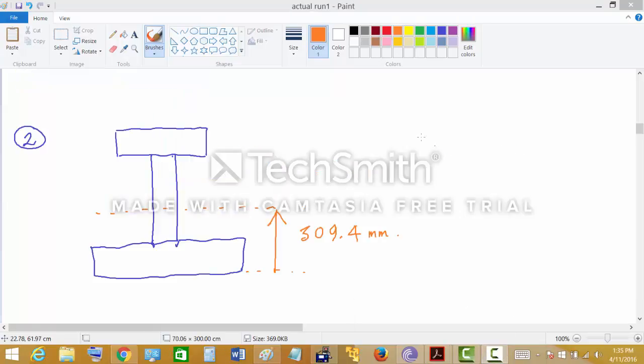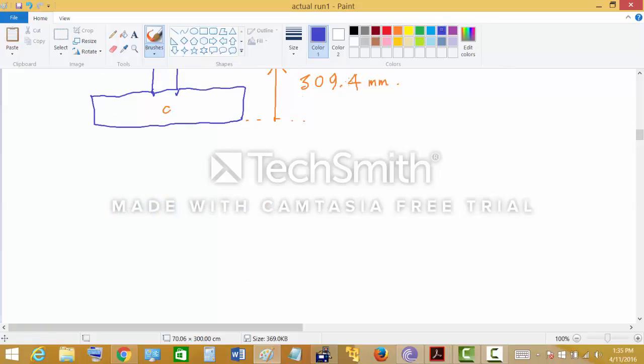Okay, the second moment of area is equal to the individual second moment of areas of the three rectangles, and then you add them together.